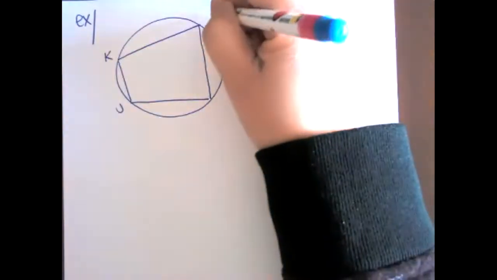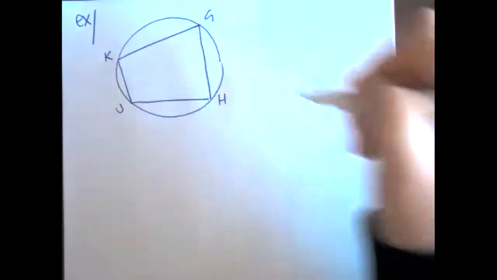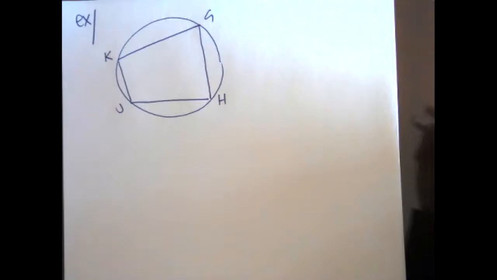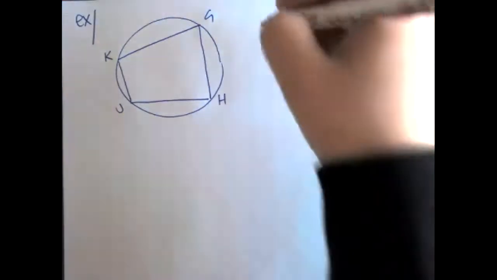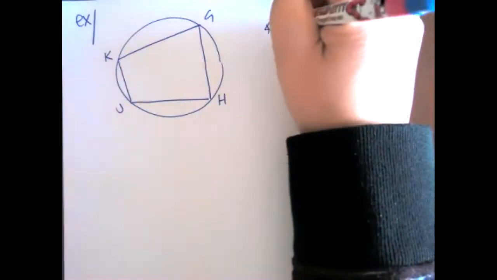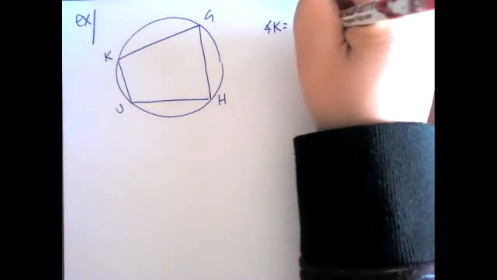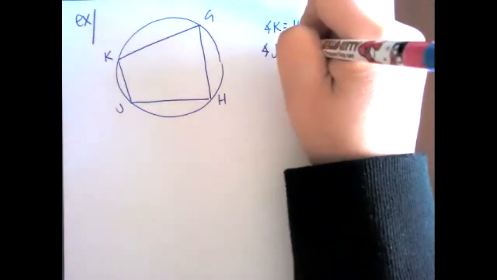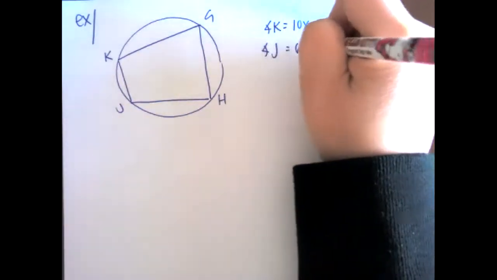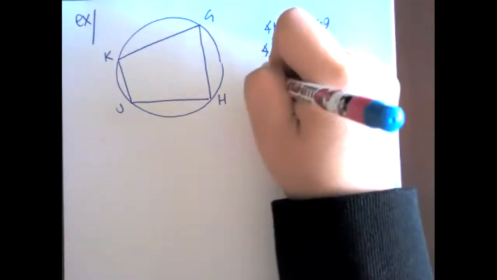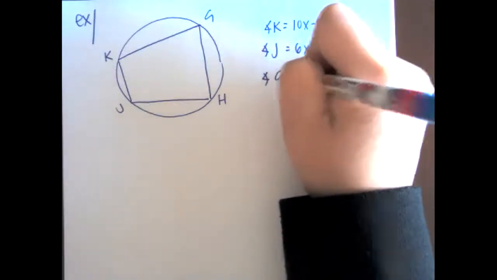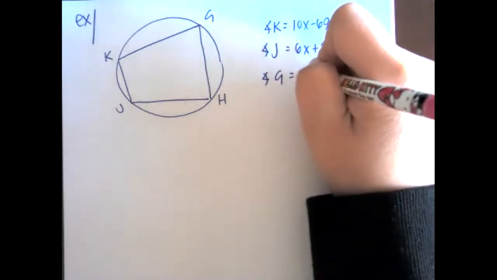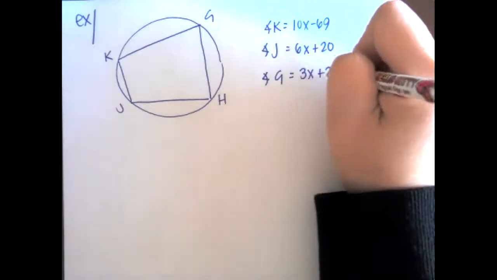Okay, so J, K, G, H. Say angle K is 10x minus 69. Angle J is 6x plus 20. Angle G equals 3x plus 25.